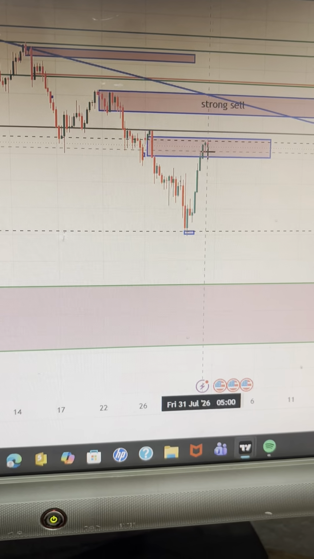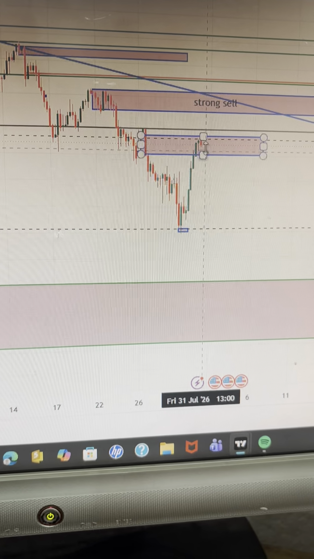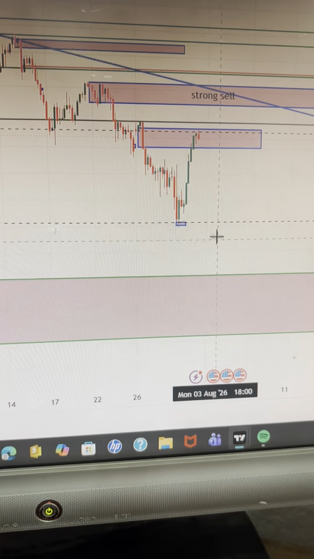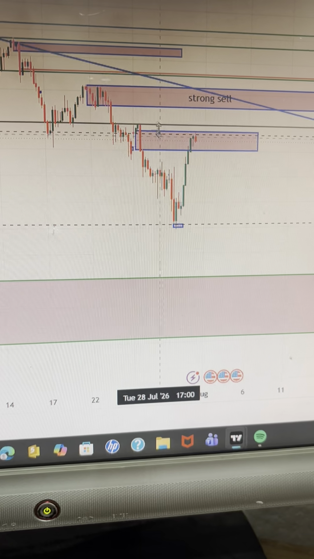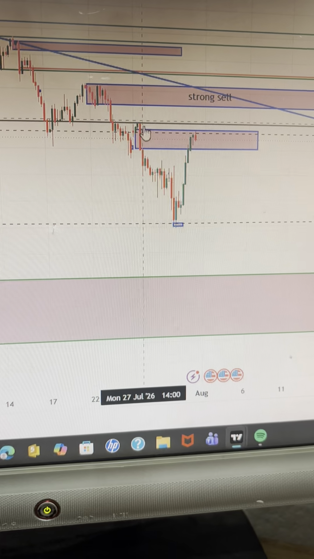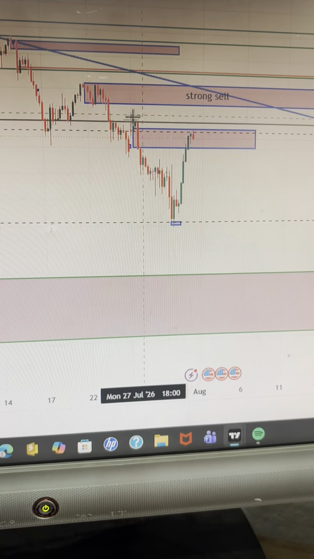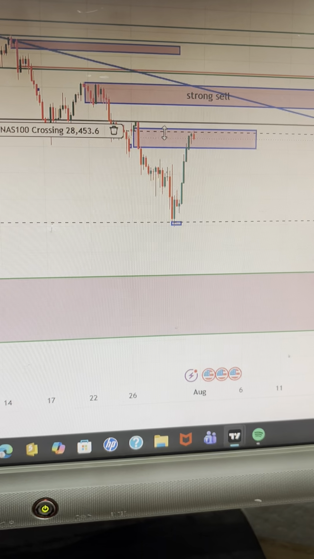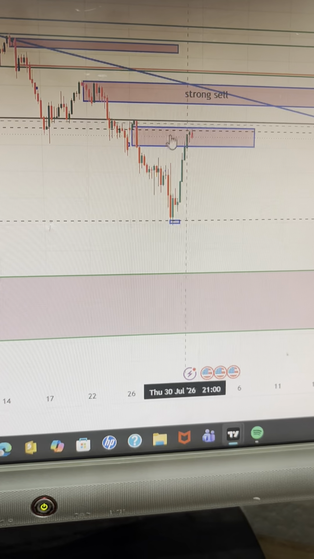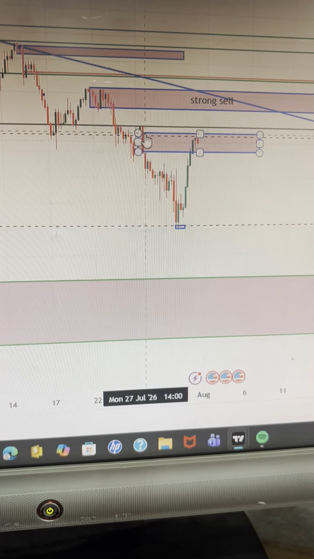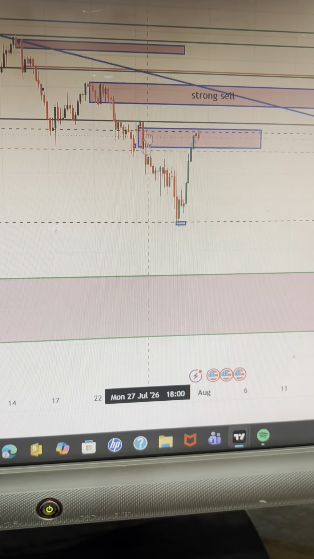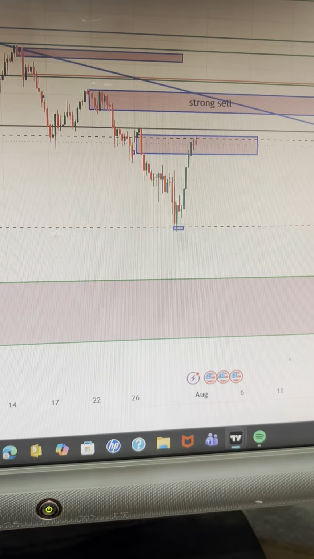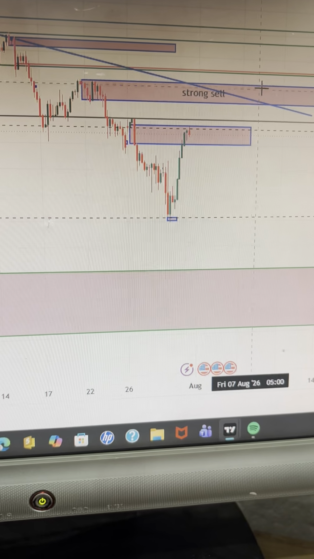So currently I'm looking to see if I can find a rejection here so that we can go down, because this is the other block where we have this massive pull down. It's quite an interesting area to look at, and looking at the fact that we are also on the premium side. So I normally use a ruler, I don't use a Fibonacci.